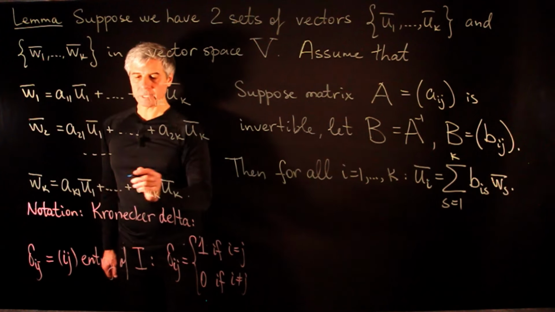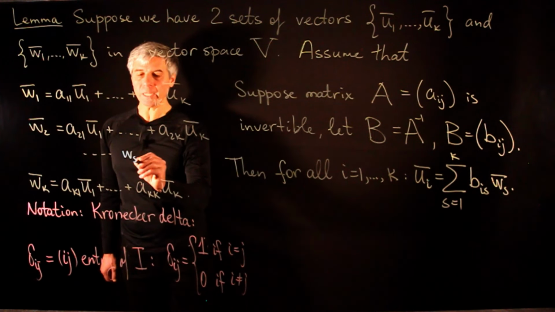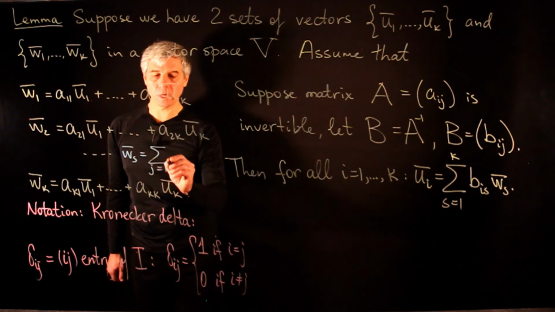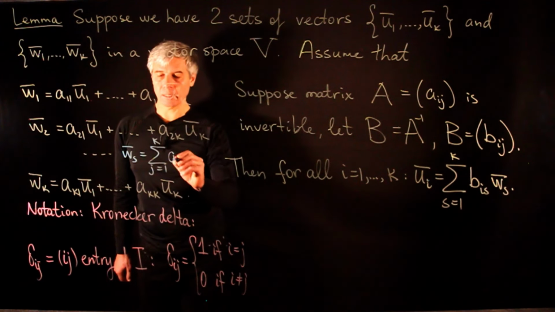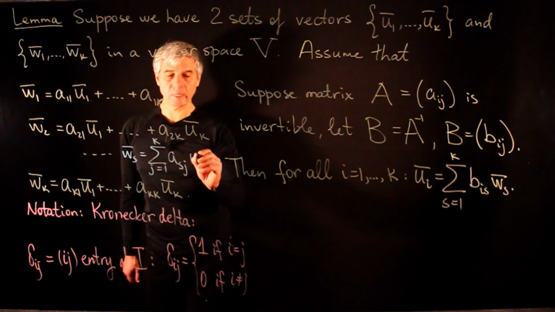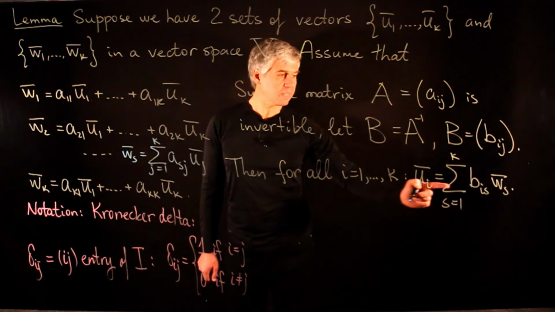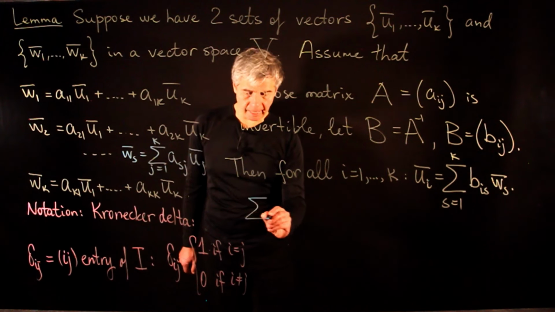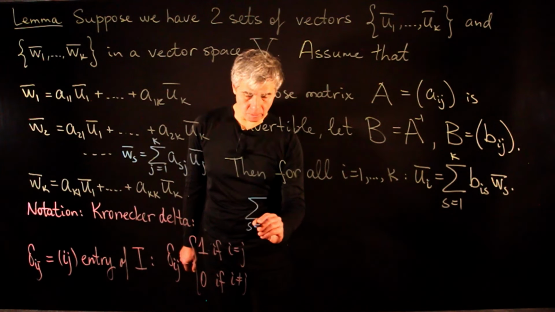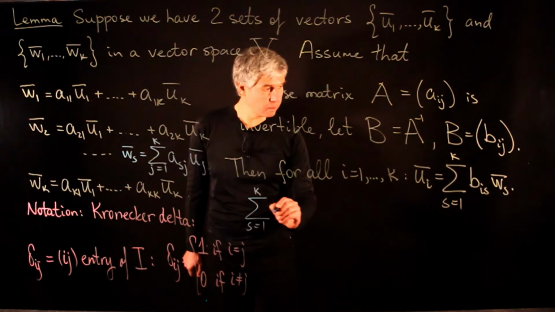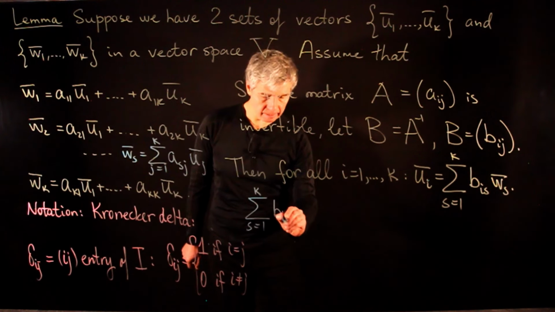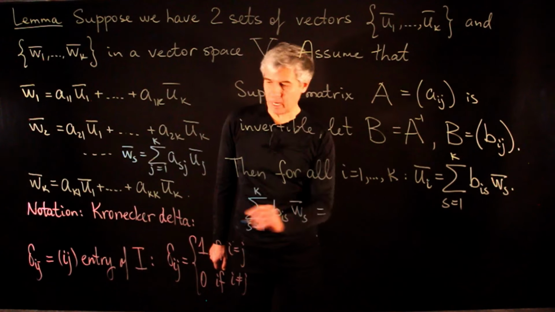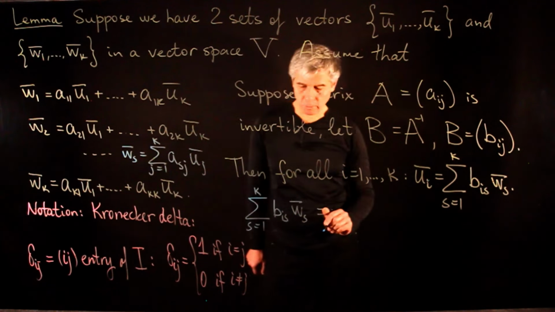Now, these formulas say that ws is equal to the sum, j goes from 1 to k, asj times uj. Let us evaluate the right-hand side of this equality. Here we have the sum, s goes from 1 to k, bis times ws. But here we have an expression for ws.